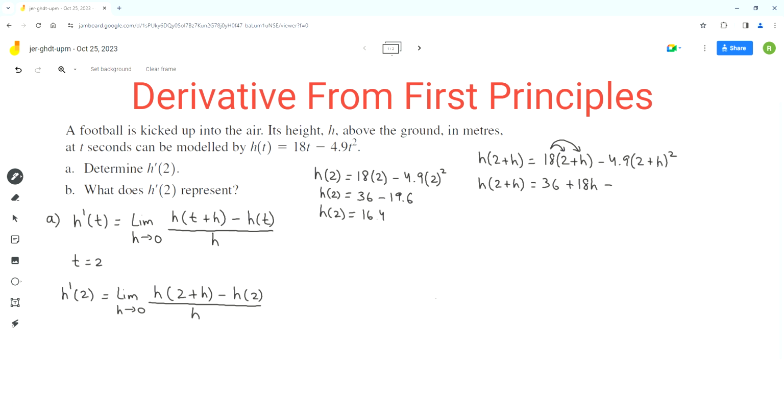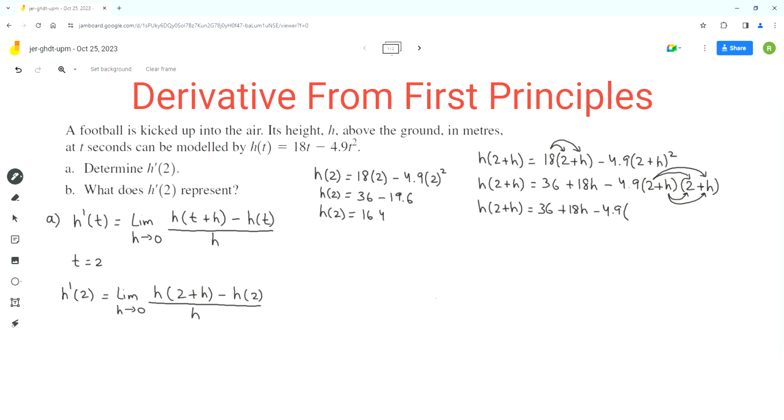In the second parentheses, we expand the square: (2 + h) times (2 + h). So h(2 + h) equals 36 plus 18h minus 4.9 times the product. Using the FOIL method: 2 times 2, 2 times h, h times 2, and h times h.